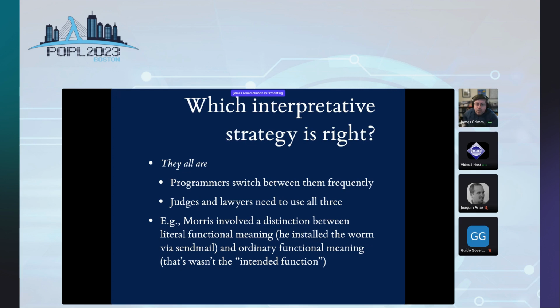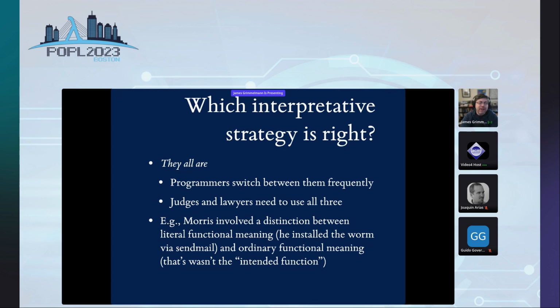In other words, the ordinary functional meaning of sendmail and fingerd excluded the ability to install your own software on the computer by exploiting a buffer overflow. The court's holding, in essence, is that these two concepts diverge. And there are other cases, like the ATM, where those two concepts are going to diverge again. And there are also going to be situations in which the actual execution is something people should be able to depend upon.